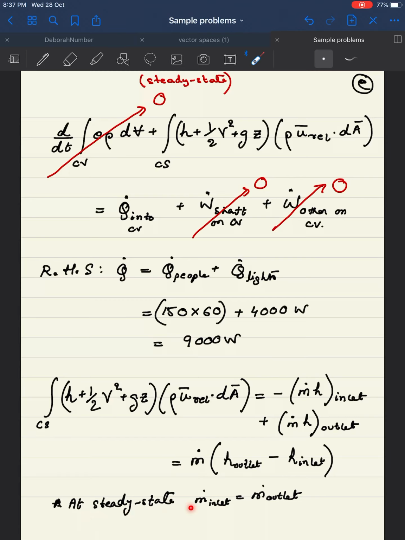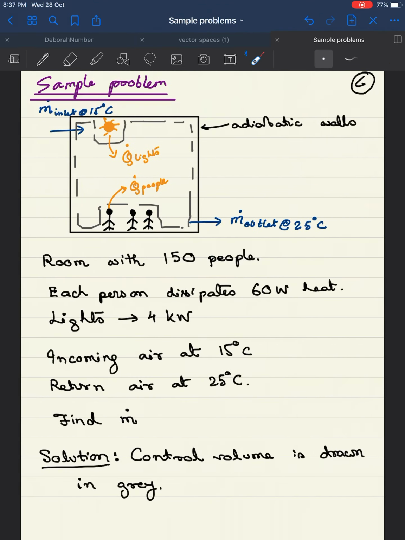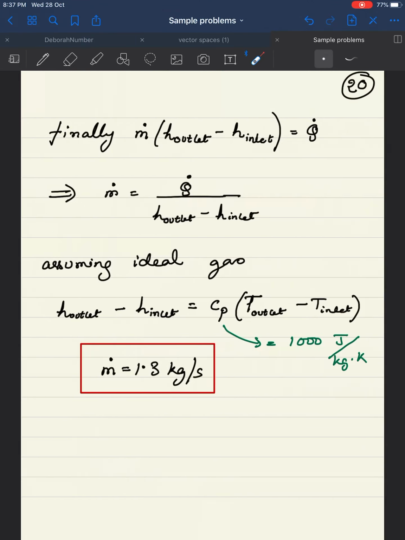Remember that because it's a steady state, m dot inlet and m dot outlet are the same. If you go ahead and assume that there's an ideal gas, this is the expression that you will get, and you have to find out the denominator.